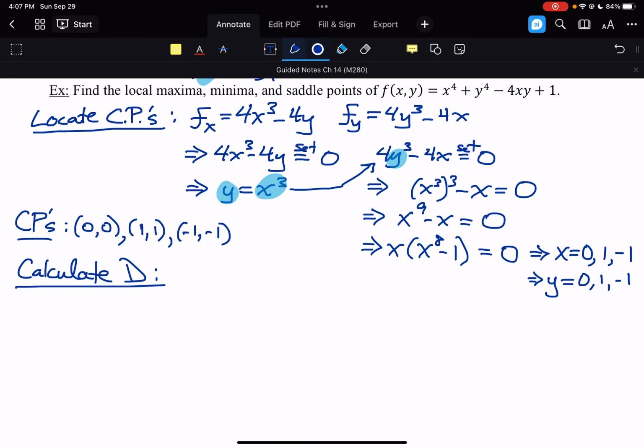We're going to need all of the second order partial derivatives. So let's go ahead and get those now. fxx is going to be 12x squared. fyy is 12y squared. And fxy is negative 4.